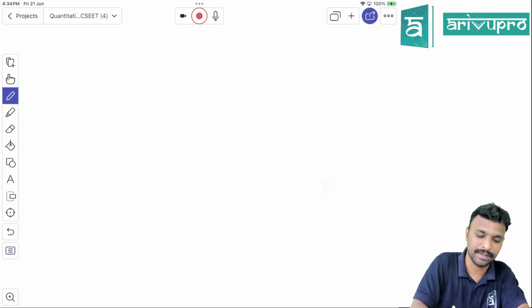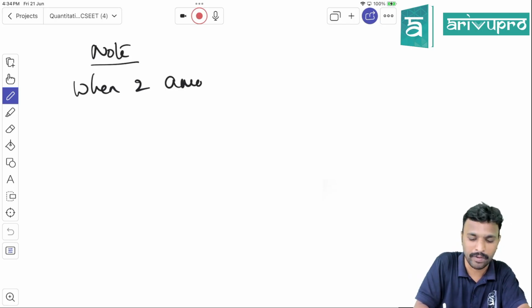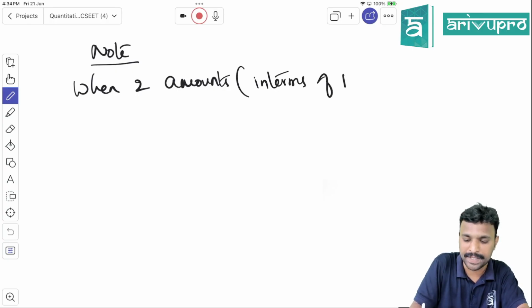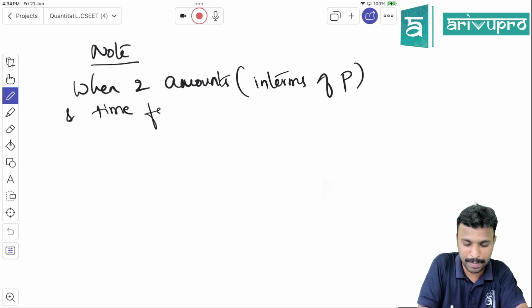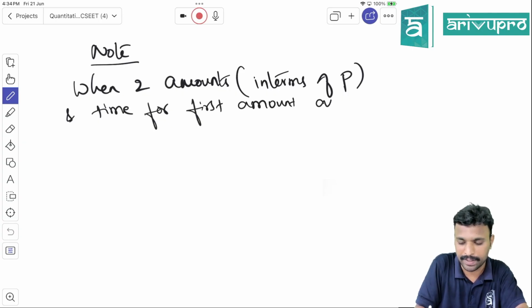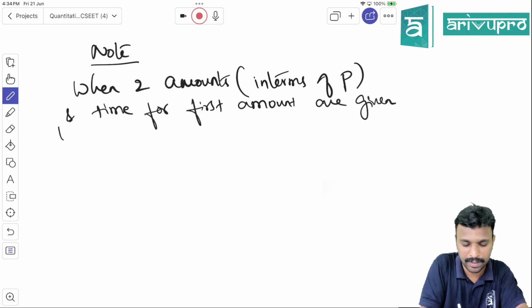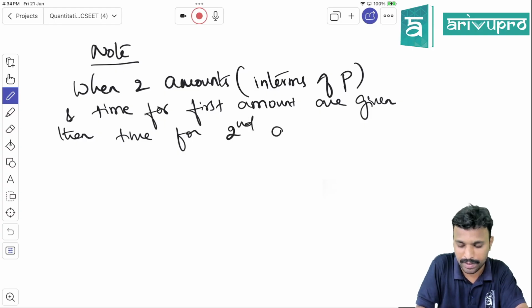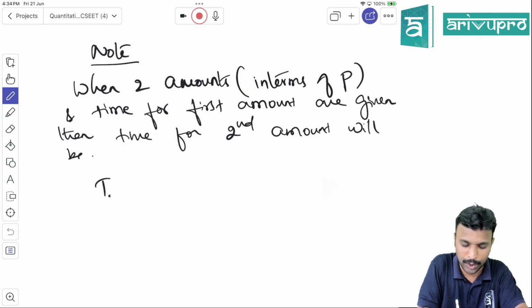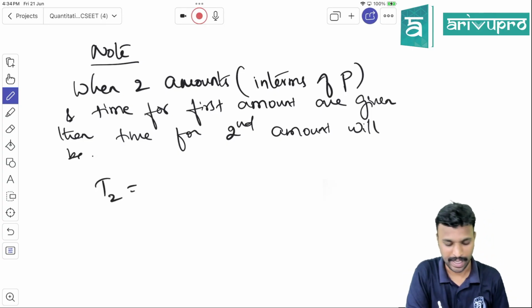Please take when two amounts in terms of principal and time, for the first amount are given, then time for the second amount will be T2 equal to N into T1.